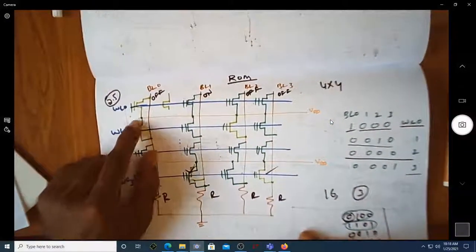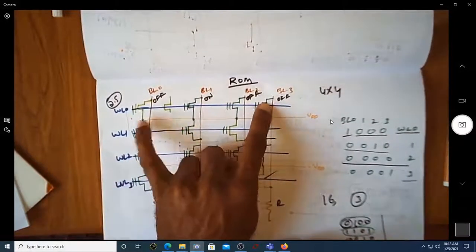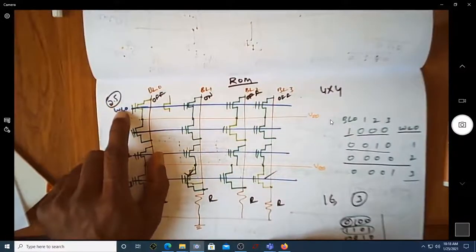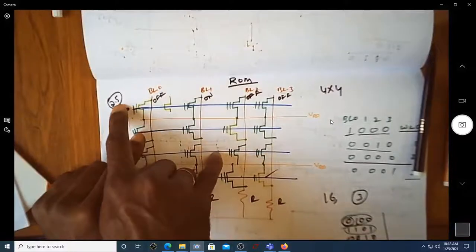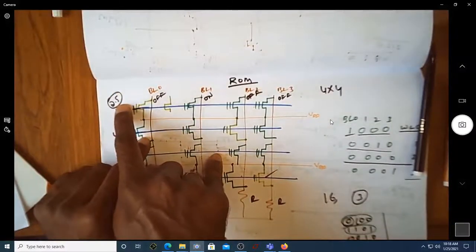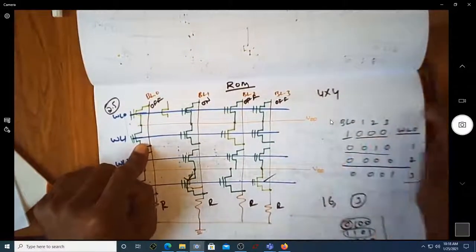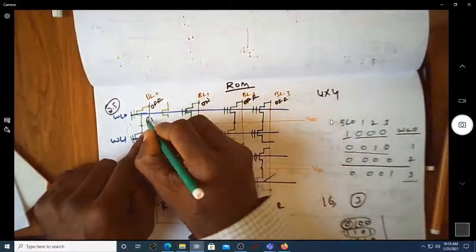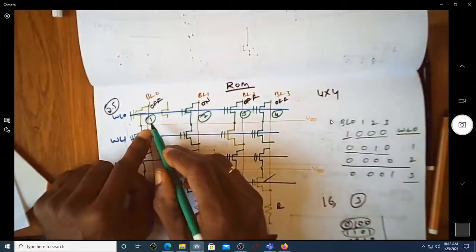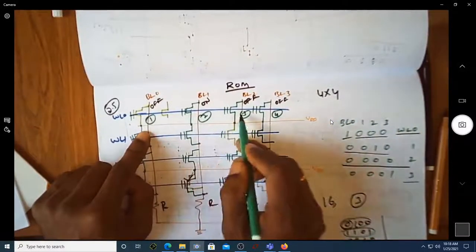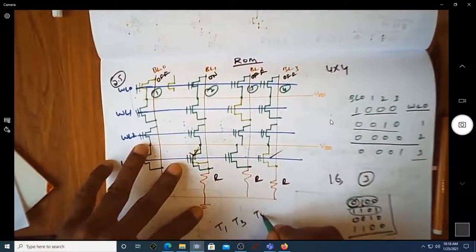So how do we make these transistors off when the word line voltage is applied? Before I apply a word line voltage of 2.5, I have to increase the threshold voltage of transistors 1, 3, 4, that is T1, T3, T4.